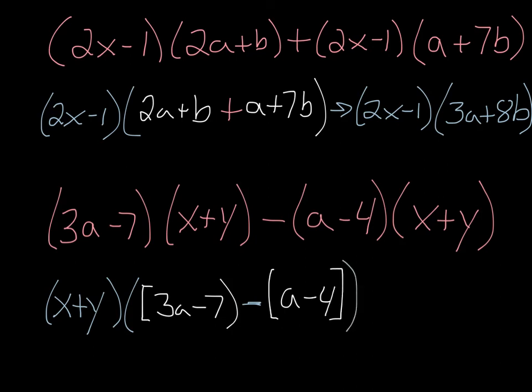So when we go about combining our like terms, we have to watch out for this subtraction sign. So our final answer is going to be x plus y. I'm running out of room, so I'm going to write down here, times 3a minus a, 2a. Negative 7 minus a negative 4 is negative 3.